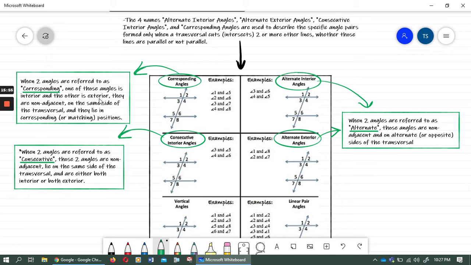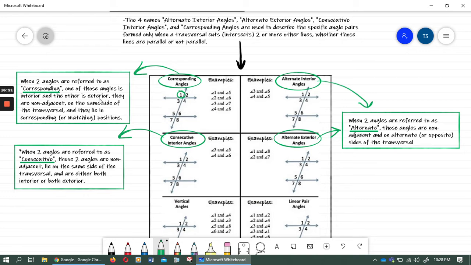They're going to be non-adjacent angles. They're also going to be on the same side of the transversal. And guys, they're going to lie in corresponding or matching positions. Let me show you what we mean. If I had to pick a corresponding angle that goes with angle 1 here.